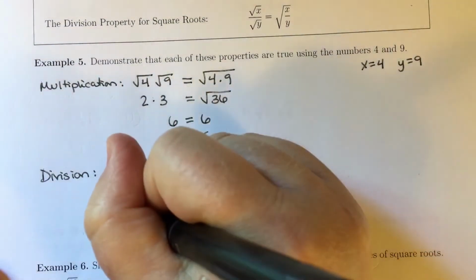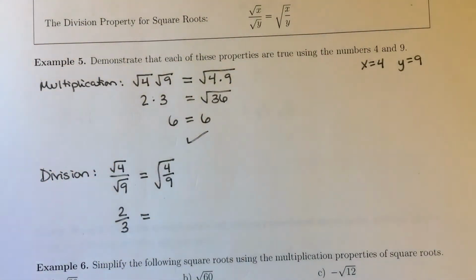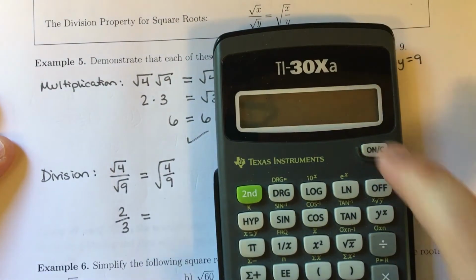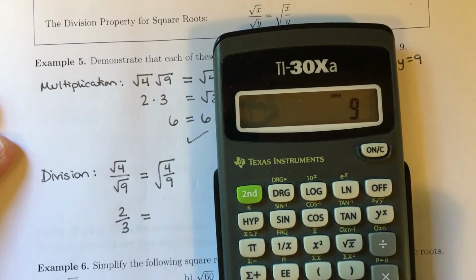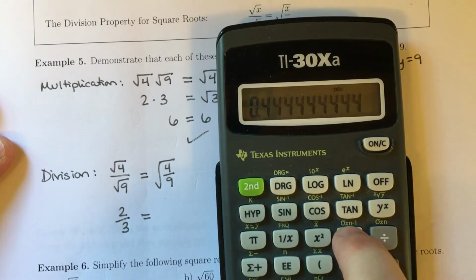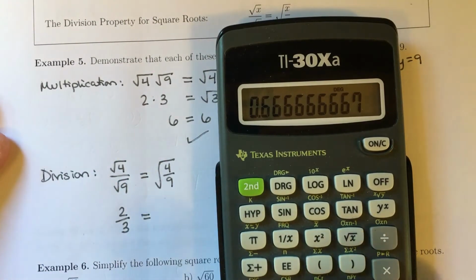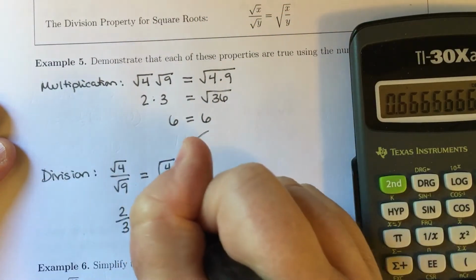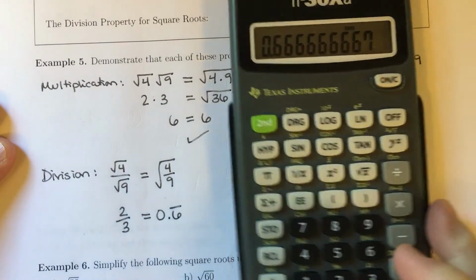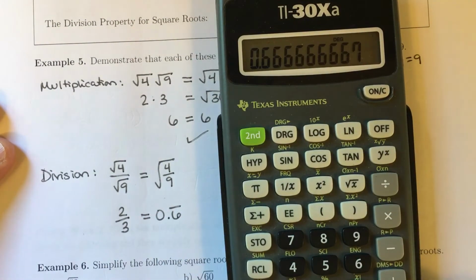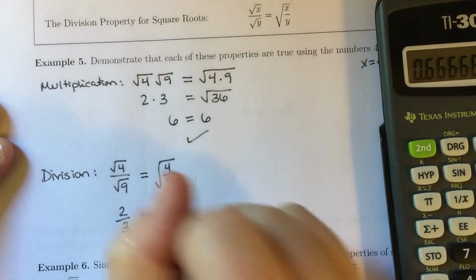So instead, to check this, let's use the calculator. I'm going to type in 4 divided by 9, equals, so that's the 4/9, and then press the square root button. 0.6666 repeating. Is that the same thing as 2/3? Hopefully we know that's the case, but if not, you can just type 2/3, and yeah, 2/3 is 0.6 repeating, so that also checks out.